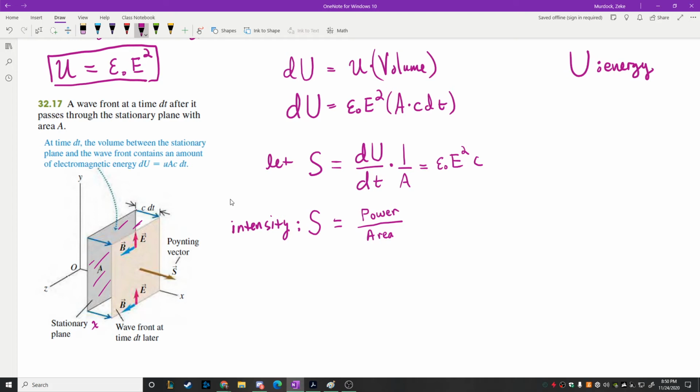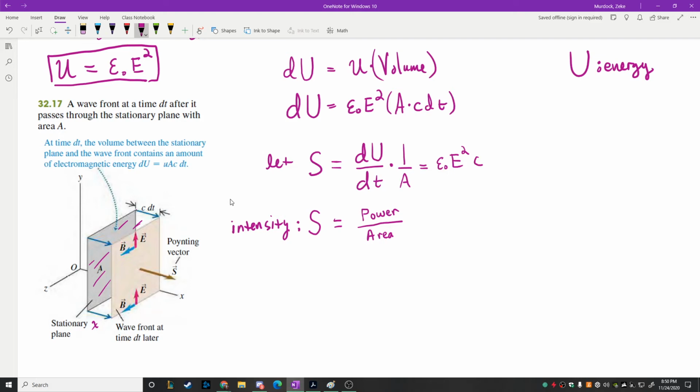When you get farther away, that power is distributed over a wider area, and the intensity is smaller. Light bulbs, when you buy them, are measured in power, watts, so not necessarily in intensity. However, this is relative to a light bulb too, because if you get really close to a light bulb, the power is spread out over a smaller area.